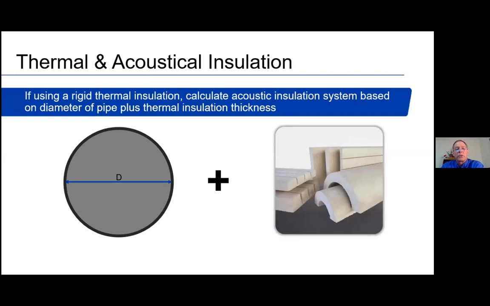A few additional considerations, things to keep in mind when you're looking at a thermal acoustic system, and then we'll open it up to some questions. If you are using a rigid thermal insulation, so something of the nature of a foam glass, a cellular glass, perlite, calcium silicate material, when you are looking at the acoustic insulation system that you would apply over that, you need to use the diameter of the pipe plus the thermal insulation as your outside diameter when determining what pipe size ISO system you need to select.